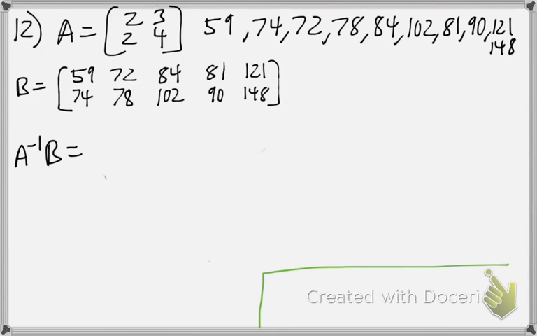Okay. So then I want to take these matrices and enter them into my calculator. So I'm entering in matrix A, and then I'm entering in matrix B. So this is a 2 by 5.